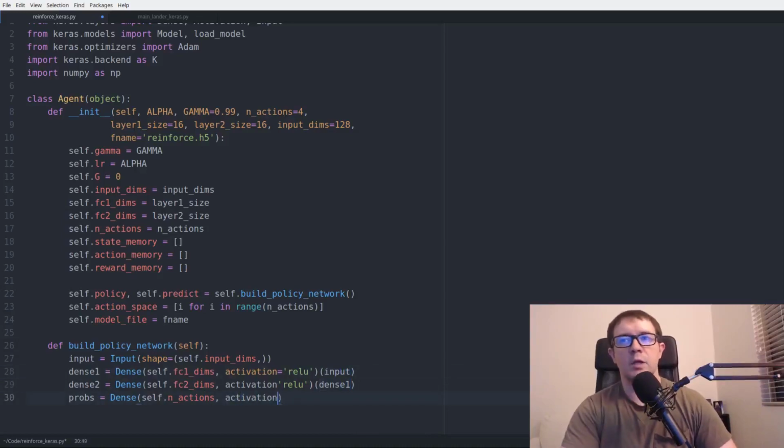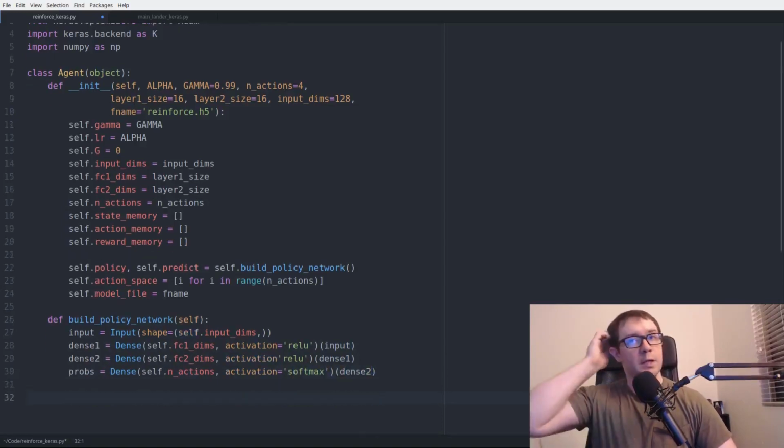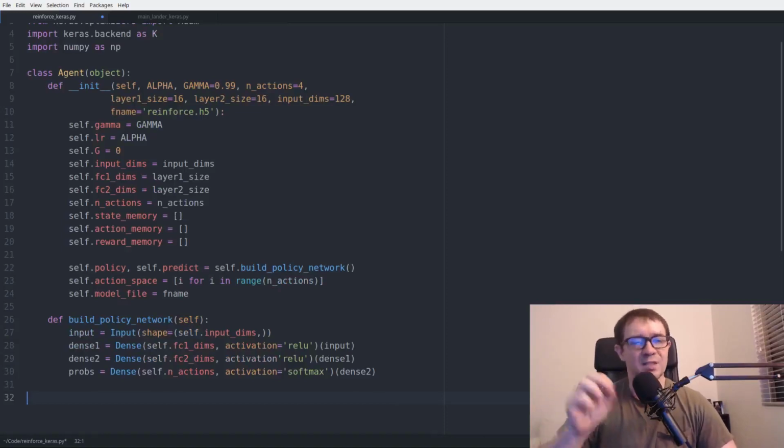And the activation here is going to be a softmax, and that of course takes dense 2 as input. The reason we want a softmax is because we are calculating a probability distribution, and the sum of the probabilities over all possible actions has to be 1, and softmax has that exact property.